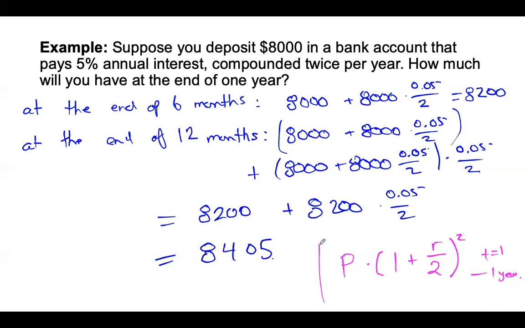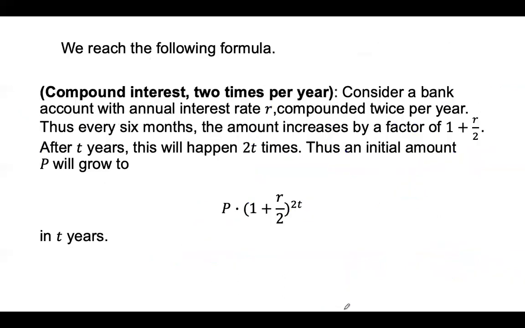Okay. So we can reach this following formula for compound interest 2 times per year. Essentially, it's what I just wrote. There's a 2 here and a 2 here.